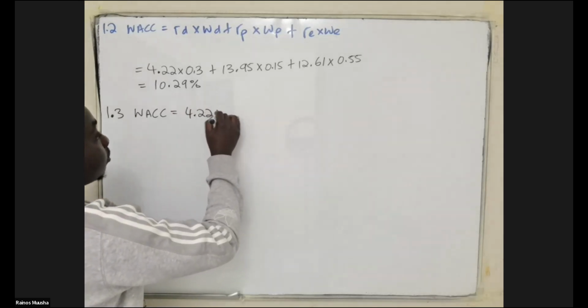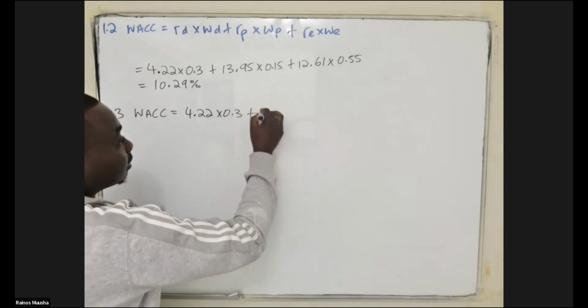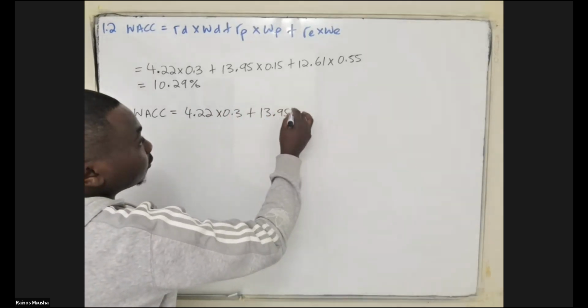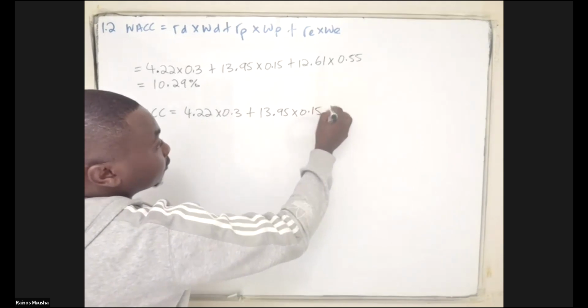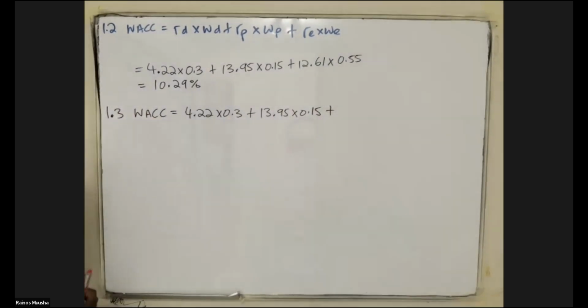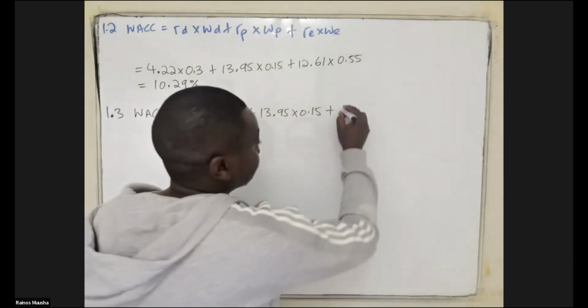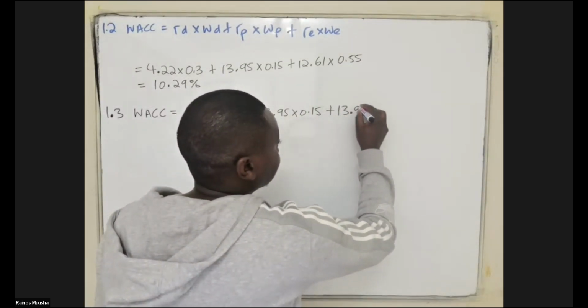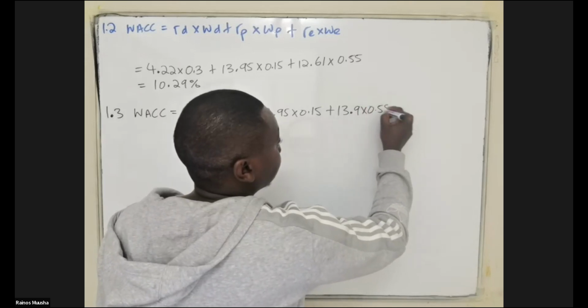4.22 multiplied by 0.3 plus 13.95 multiplied by 0.15 plus, now that we're going to be utilizing the issue of new ordinary shares, it would mean our cost of ordinary shares is going to be 13.9%. So it's now going to be 13.9% multiplied by 0.55.